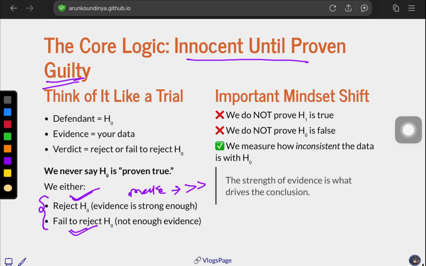In the courts, they give more hearings so that both sides have sufficient chances to either reject the null hypothesis or fail to reject it. And finally, we can take a decision once we feel that we have sufficient data, and any further collection of data doesn't change the decision in future.